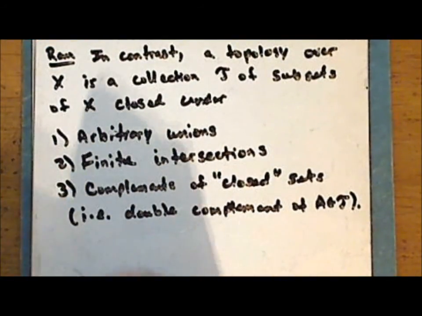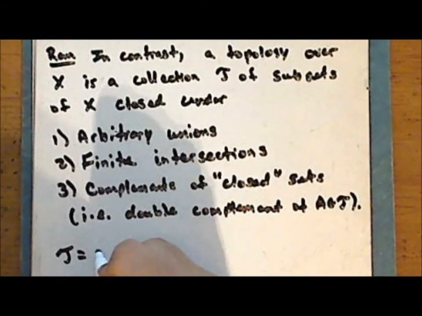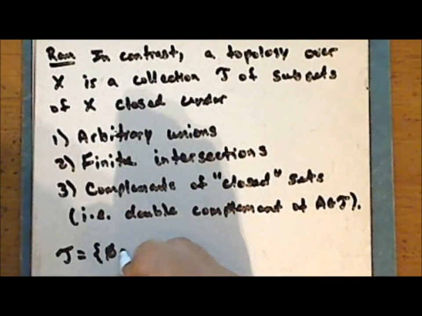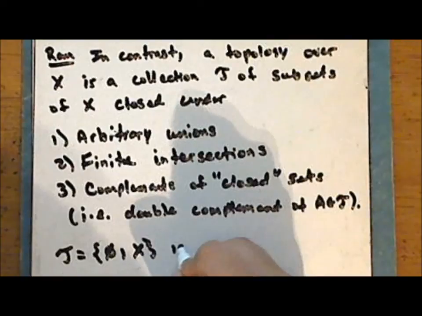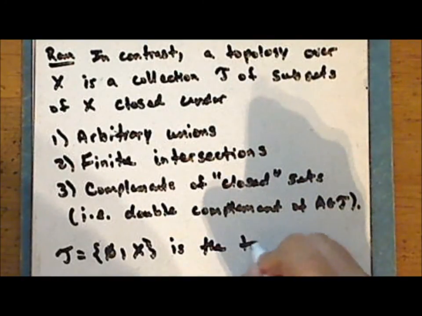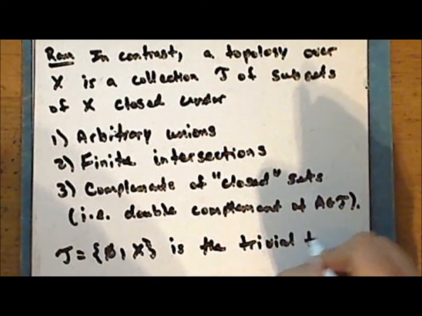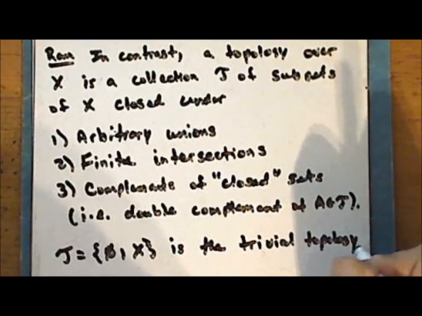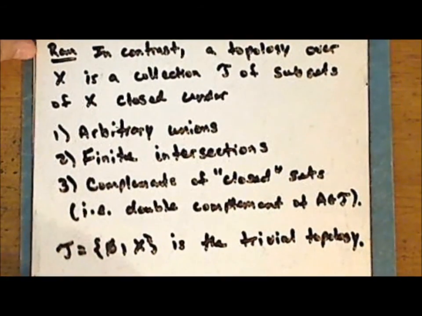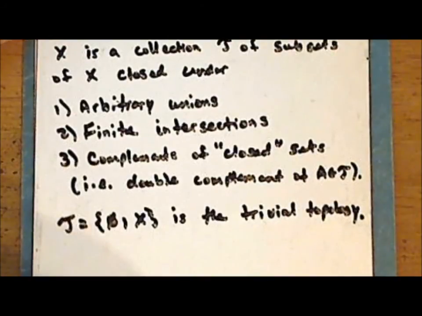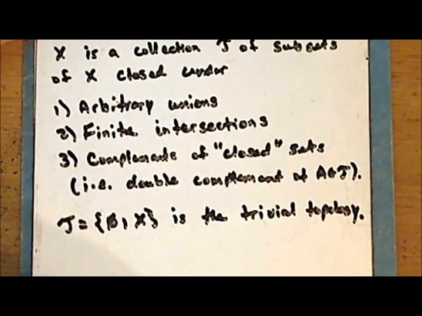Okay, as we know, the topology tau consisting of the empty set and the entire set is the trivial topology. This is the smallest collection of subsets of the set X that is a topology.